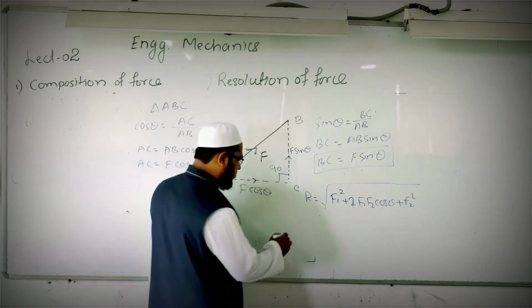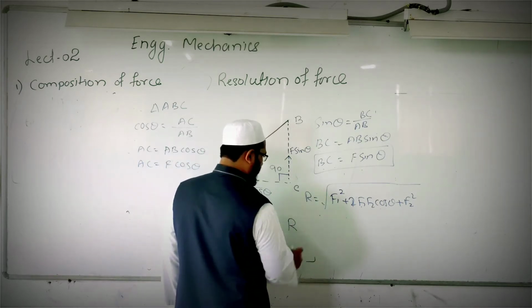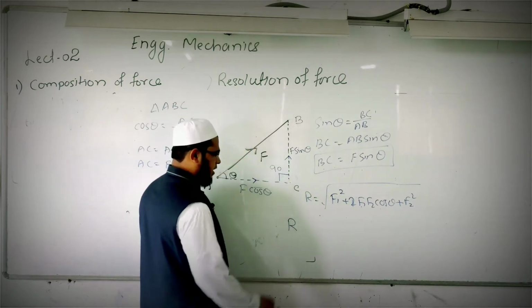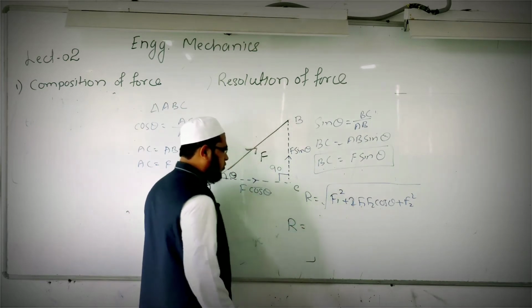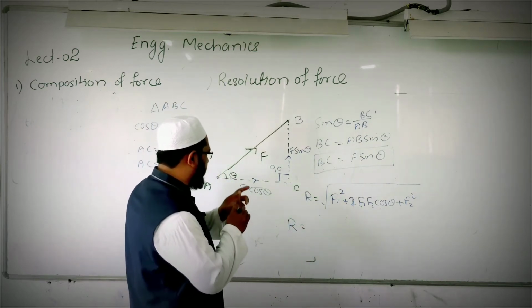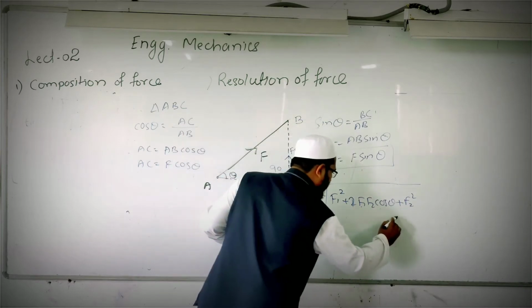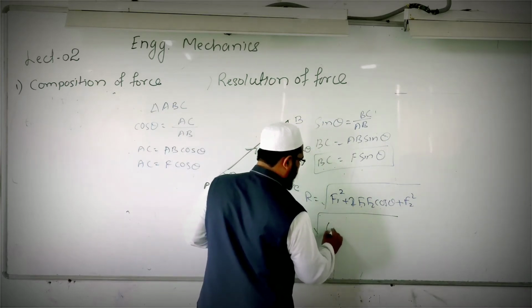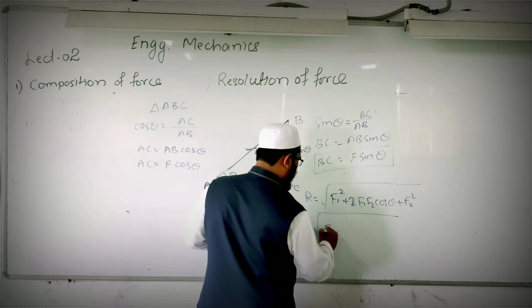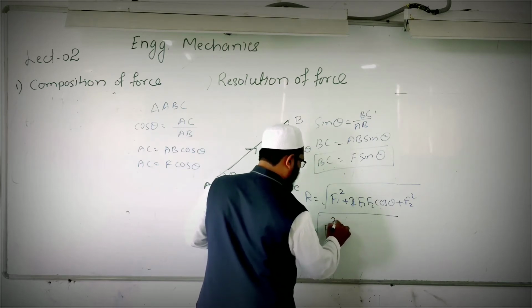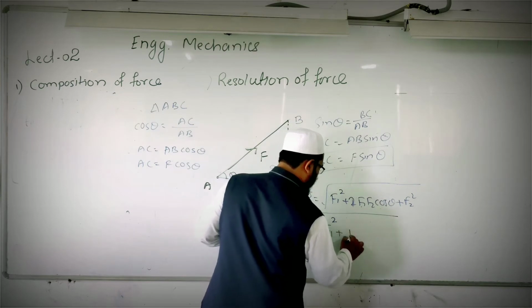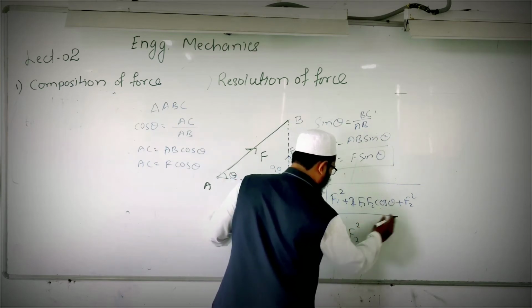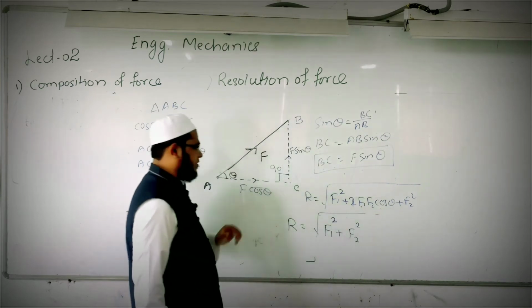Cos 90 is 0. Therefore, R equals the square root of F1 square plus F2 square. That is the result.